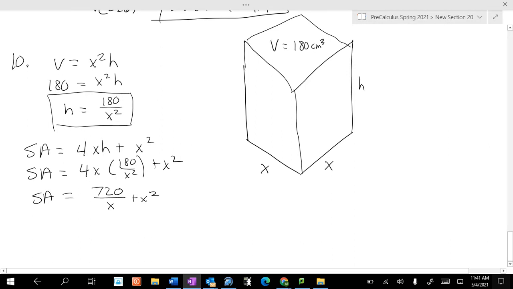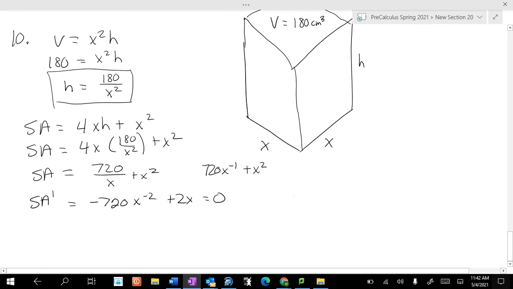Now, we want to minimize our surface area. Okay? How do we do that? Well, we take the first derivative of it. 720 over x is really 720x to the negative first power. So that gives us negative 720x to the negative second plus 2x. We set that equal to 0. Now we're going to solve it.